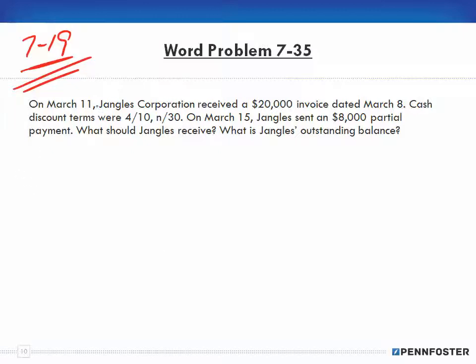Okay. So it says on March 11th, Jangles receives a $20,000 invoice dated March 8th. So March 11th has nothing to do with the problem. We have March 8th. The terms are 4% 10, net 30. So 10 days takes us to 3/18 to be able to take a 4% discount.